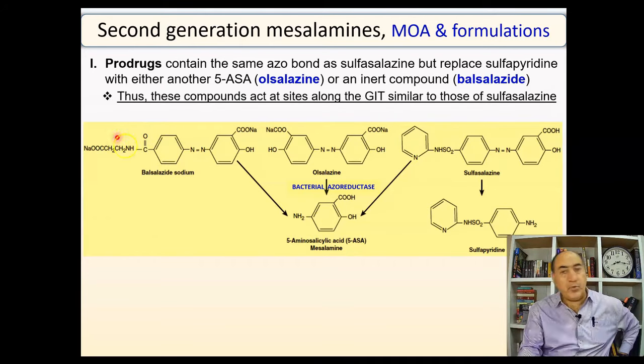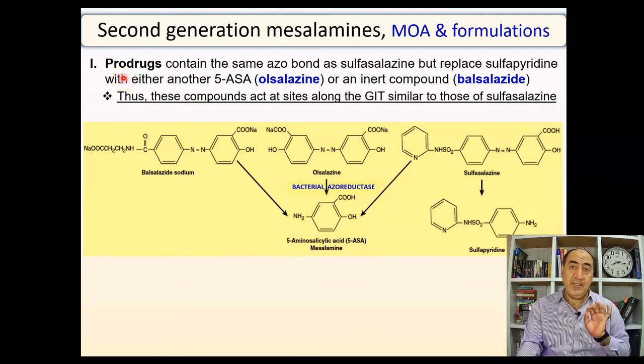All of them will go to the colon, where the azo bond will be cleaved by the bacterial azoreductase. We reduce the azo bond to release this 5-aminosalicylic acid, 5-ASA, also called mesalamine. I hope it's clear so far. So these are the prodrugs. What's remaining?